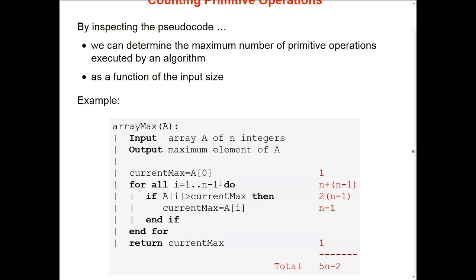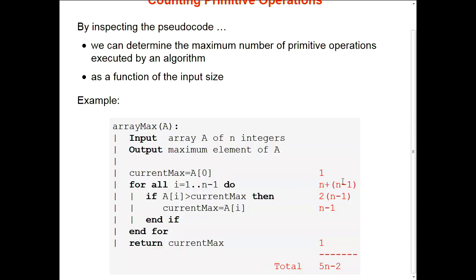And the other expression we have to evaluate is at the end of this for loop. We have to take our running variable i and increment it. This is hidden here, but we can imagine that at the end of this for loop there's always a statement that says i equals i plus 1. You have to increment i. Now, we have exactly n minus 1 repetitions of this loop.